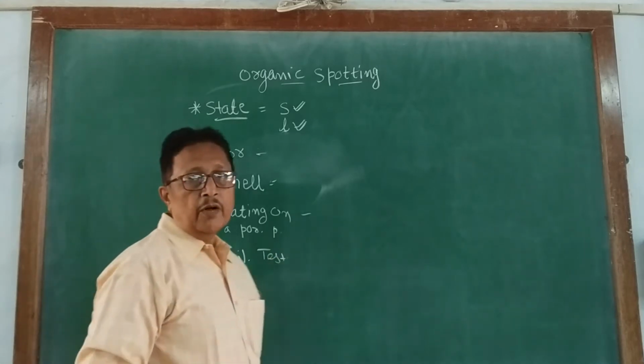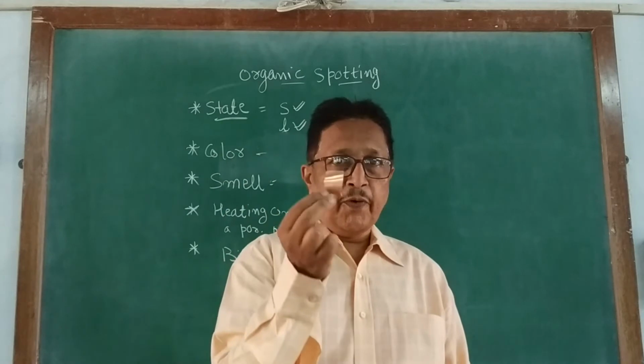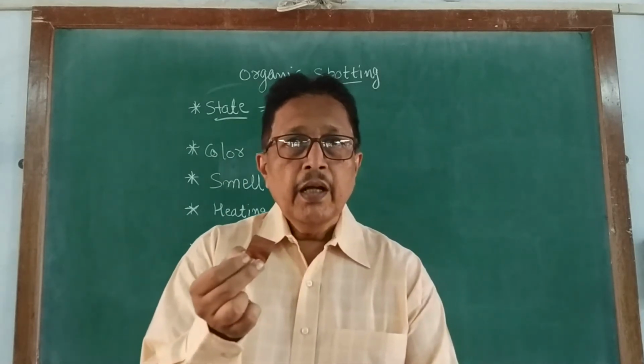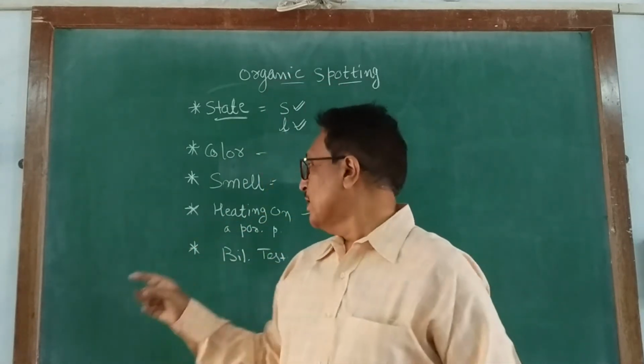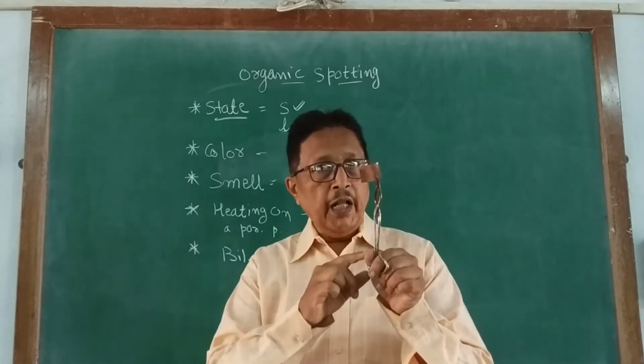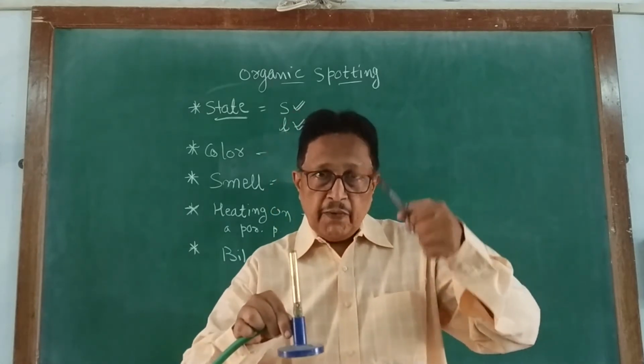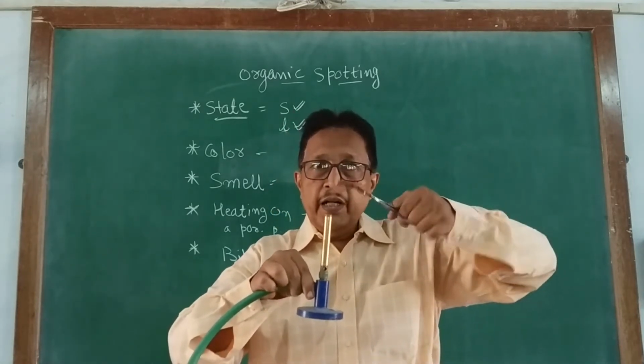That is heating on a copper foil. You will be given this type of copper foil. And how to perform this test? First of all, hold this copper foil with the help of tongs. Without adding substance, you just burn it.